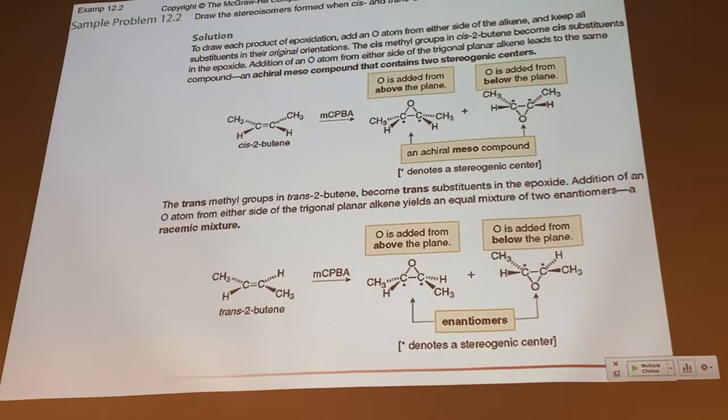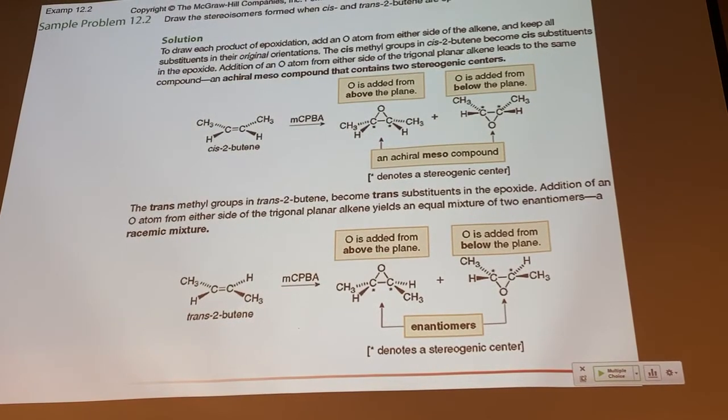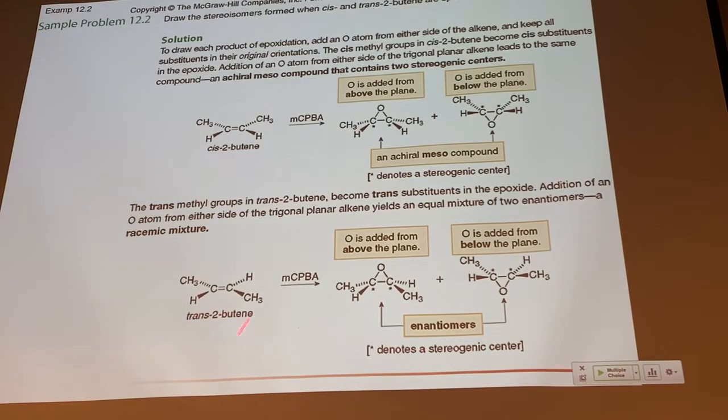We've seen similar sample problems back in chapter 10 with halogenations and halohydrin formations. This is a stereospecific reaction because specific alkene stereoisomers will give specific epoxide stereoisomers. In this case, the cis-2-butene is giving us a meso epoxide.